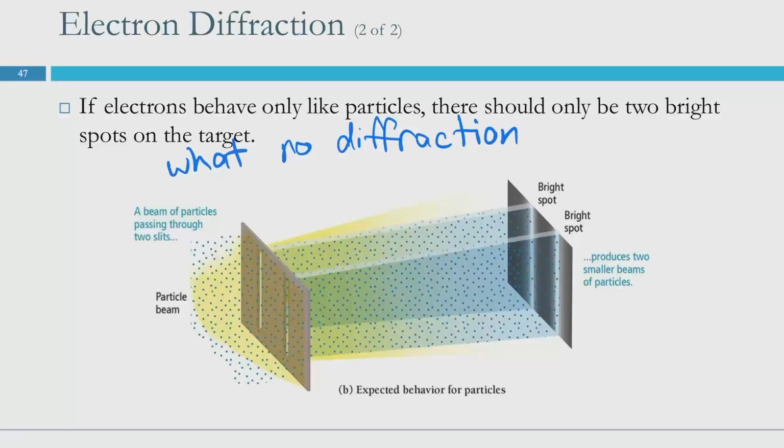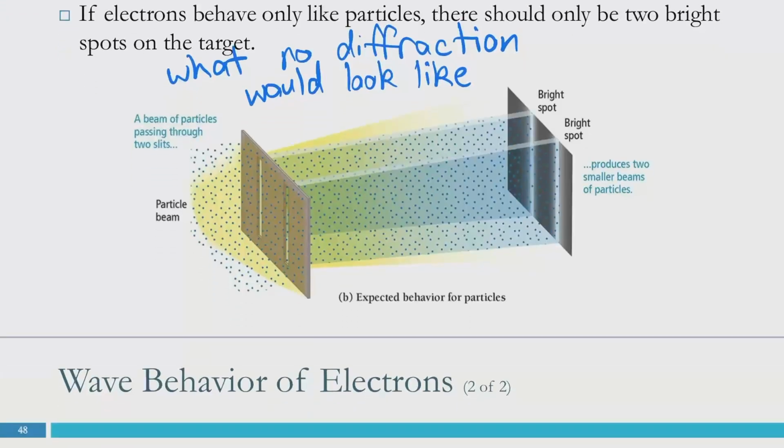So this is what no diffraction would look like. But we see diffraction. I believe this is something you can also do yourself. We see diffraction, which means that they do behave like waves, which is cool.